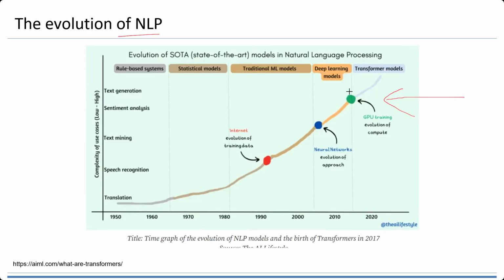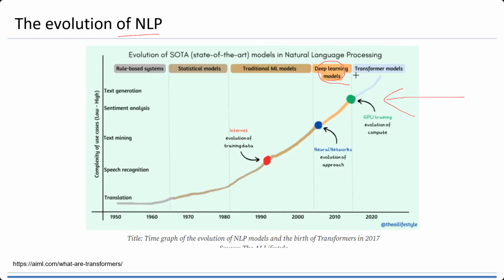Because when we are doing deep learning models, they still have some issues, especially when we are dealing with big data, with large data. So we need to handle a lot of things such as the computational cost.